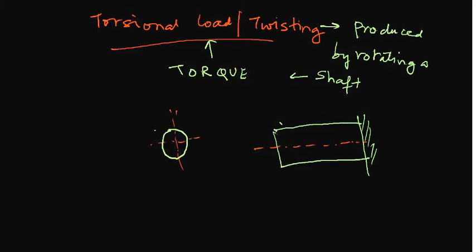We have fixed one end of the shaft onto a wall, let's say, and the other end is free. Now I'll be providing a rotational motion, a torque, on its free end. I'll try to rotate it like this. I want my shaft to turn in this direction.